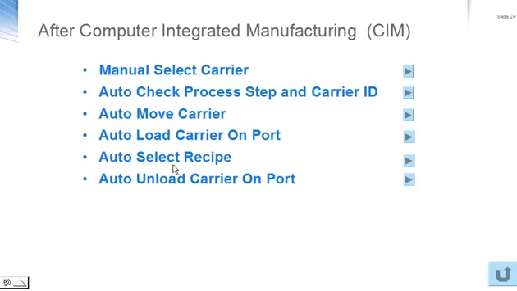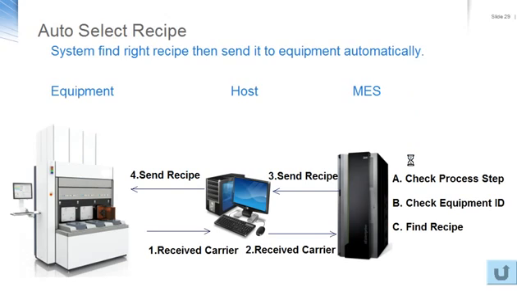And then we auto select the recipe. The system finds the right recipe and sends it to the equipment automatically. This is the sequence: when the equipment receives the carrier, it sends a message to the host. The host sends the received carrier message to the MES.